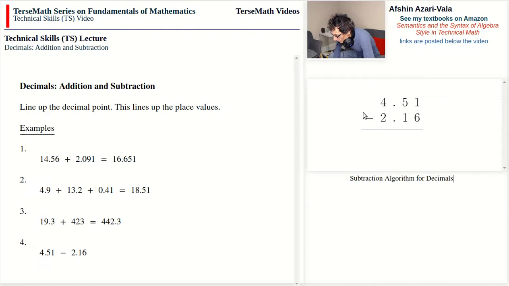Okay, we start the subtraction. Now here we cannot take 6 hundredths from 1 hundredth. We cannot subtract 6 from 1, so we borrow from a tenth. You can think of this, if this was money, then the 4 would be the number of dollars that you have, the loonies. The 5 would be the number of dimes that you have. You have 5 dimes, interpreting the decimal digits one digit at a time.